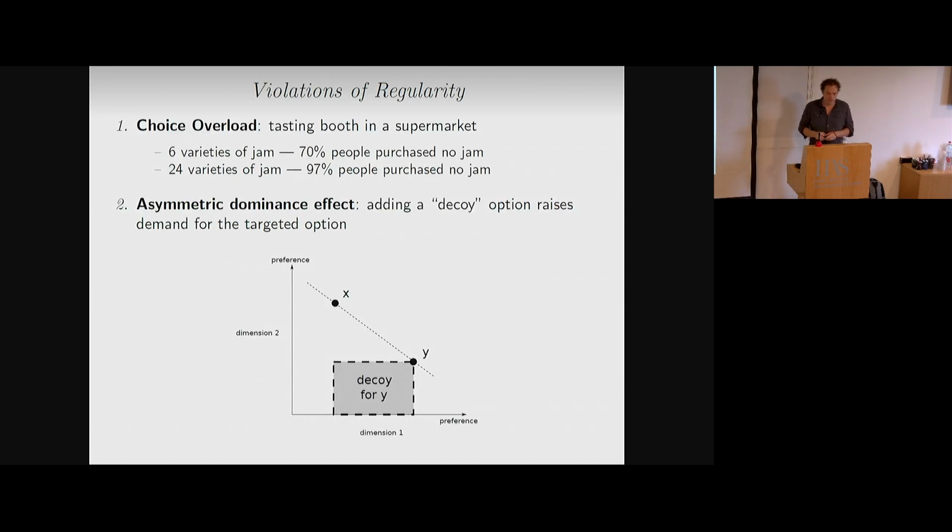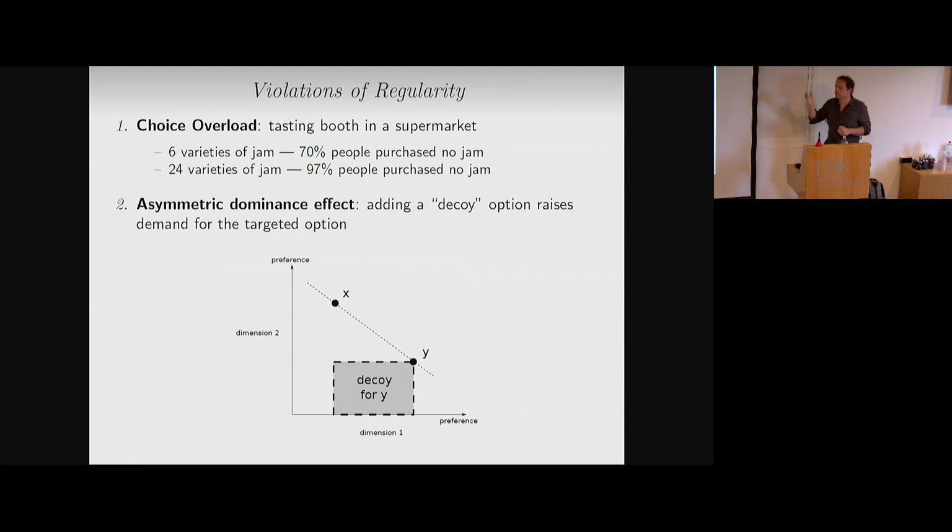Here are some classic examples of violations of the alpha axiom. Choice overload is one. That's the one with a sort of status quo option. It's an experiment where you have two treatments. There is a tasting booth set up in a supermarket. One has 6 varieties of jam. Another one has 24 varieties of jam.